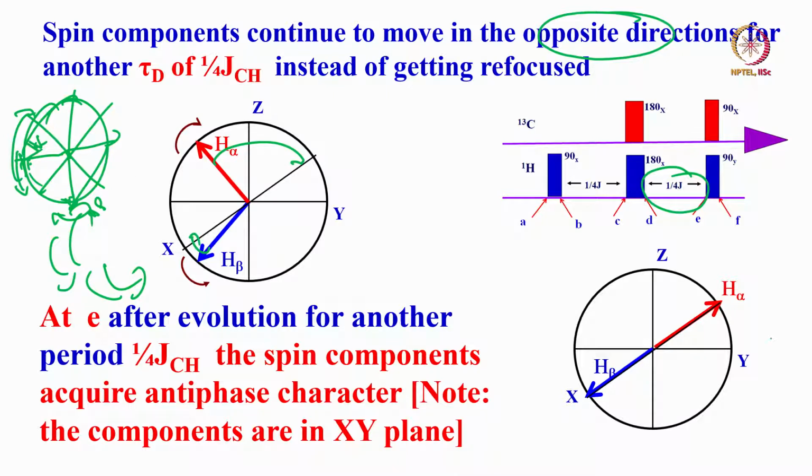So they get antiphase character. But remember, the spin components of H alpha and H beta are still in the xy plane. Okay. Now exactly after this delay, we ensured the spins become antiphase in character. The doublet components become antiphase in character.